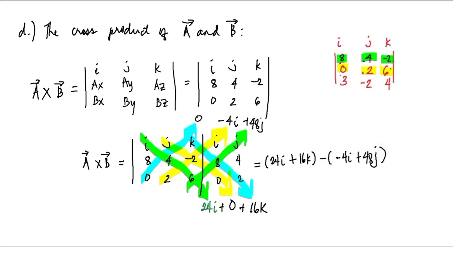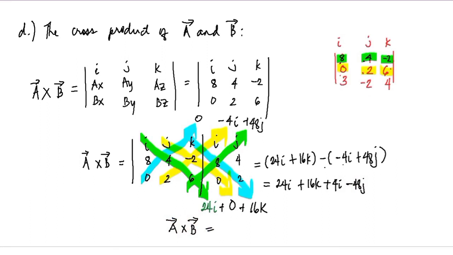So simplifying this, we have here 24I plus 16K, so negative times -4, so that's +4I minus 48J.